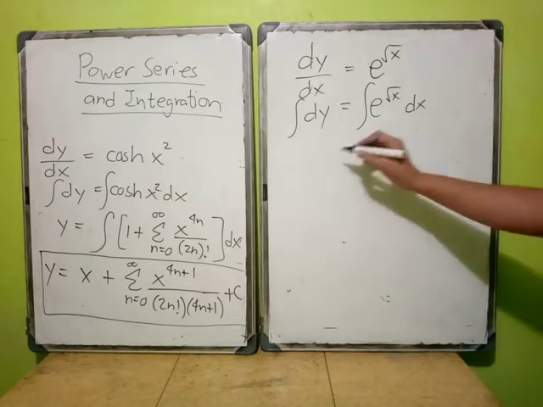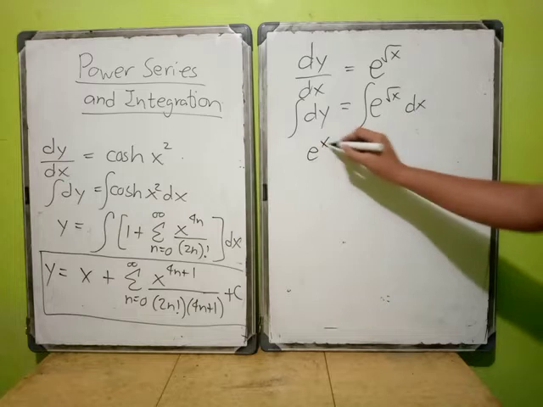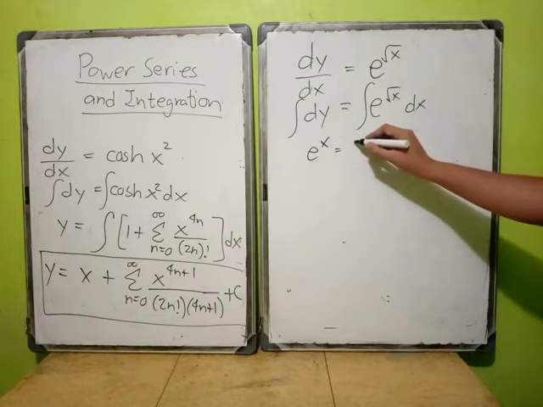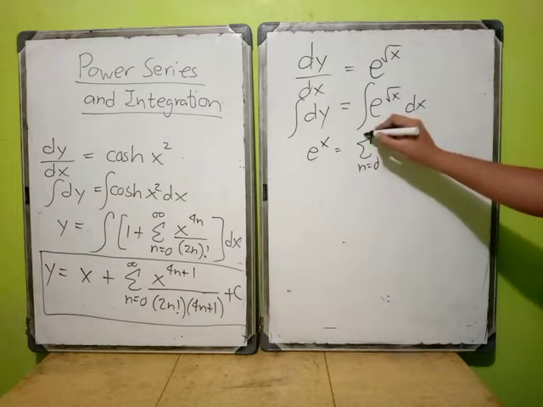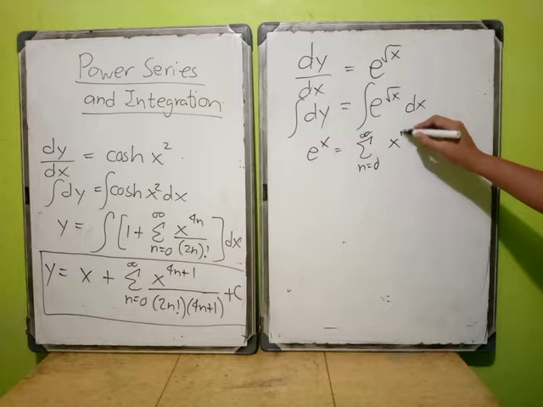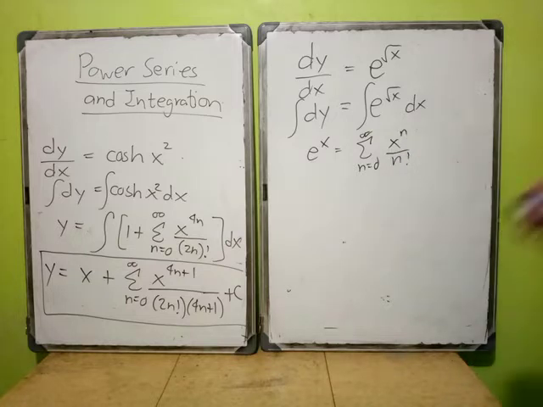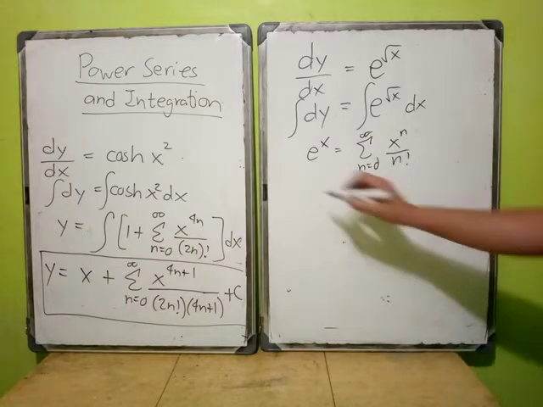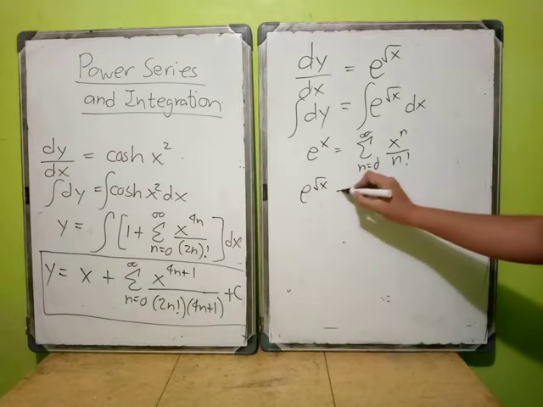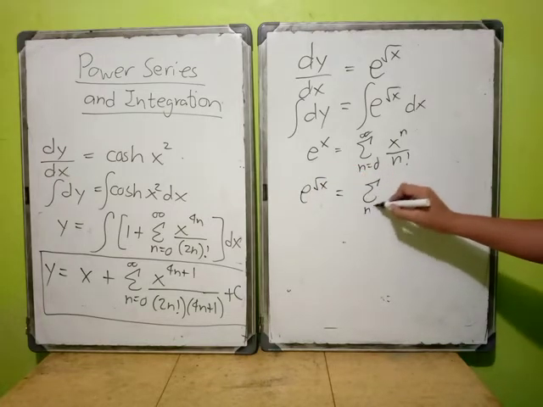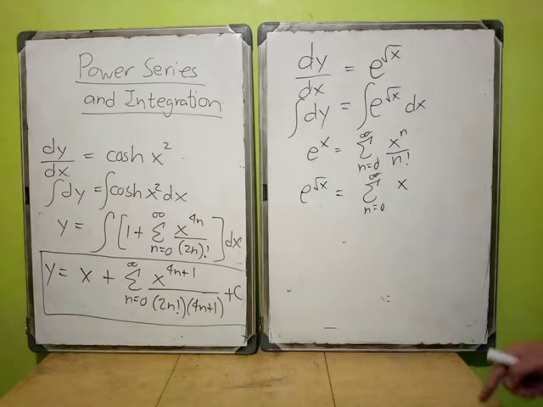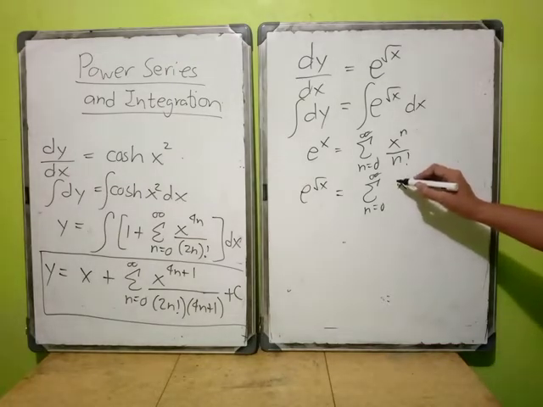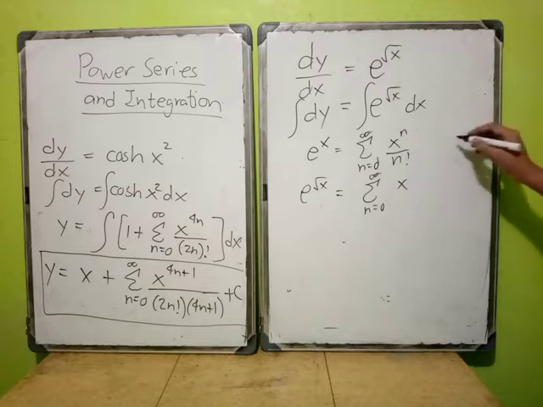So what we do, we convert it. We know that e to the power of x is equivalent to the infinite sum from n equals 0 to infinity of x to the power of n over n factorial. Therefore, e to the power of square root of x will be equivalent to the sum of, since this is square root of x, you replace x by square root of x here.